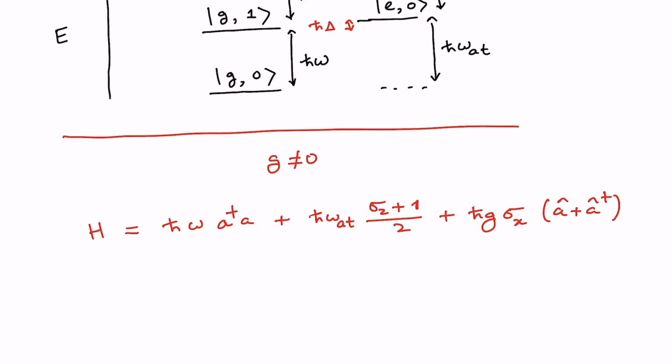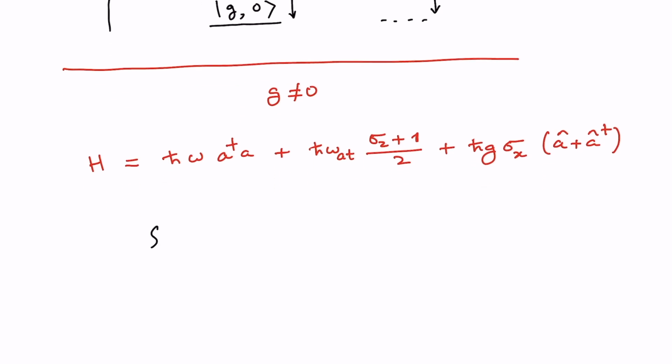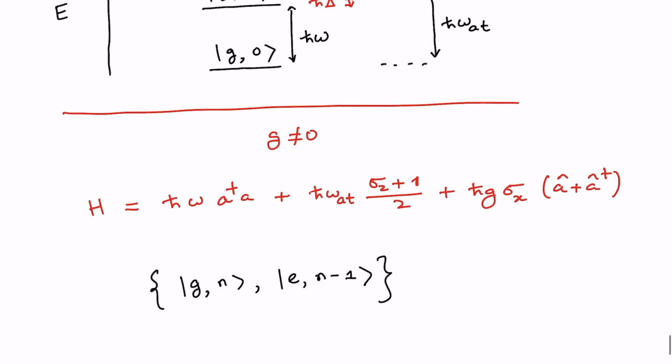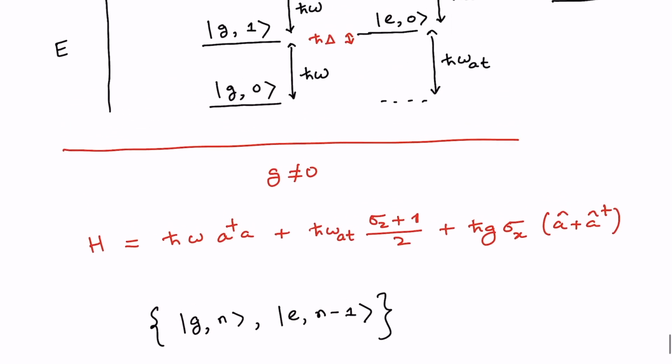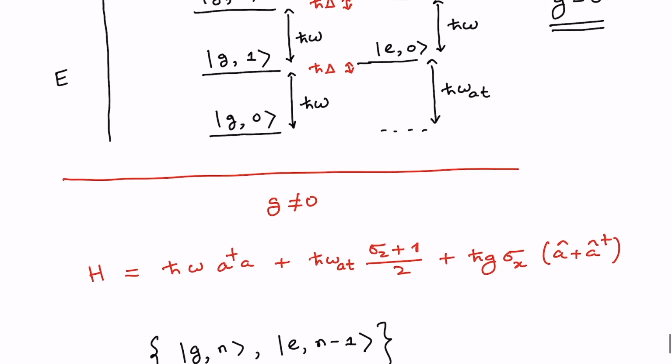However, taking a cue from the discussion that we already did for the energy level structure when the coupling is 0, we can take the basis states as |g, n⟩ and |e, n−1⟩. I hope you are getting the idea why I am taking it, because we are now going to focus only on the adjacent energy levels in the harmonic ladder.